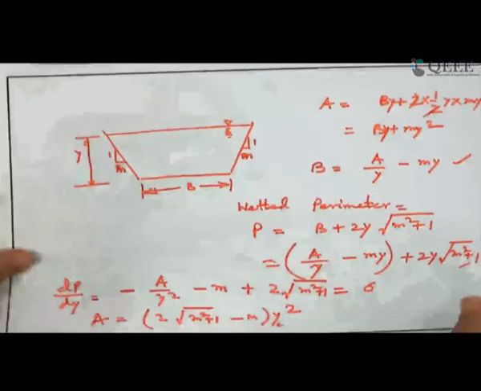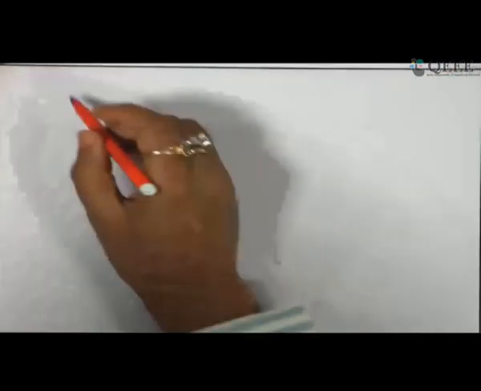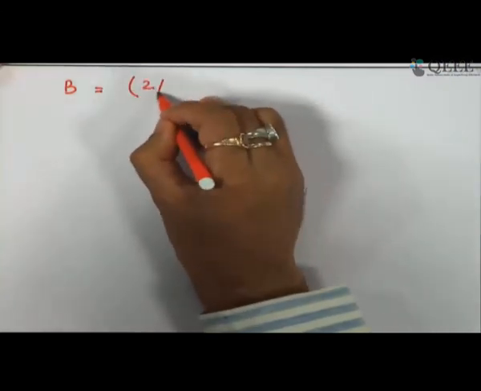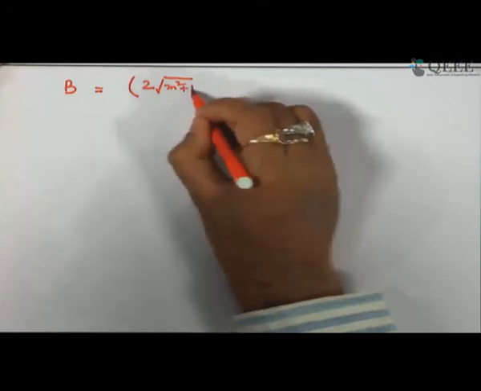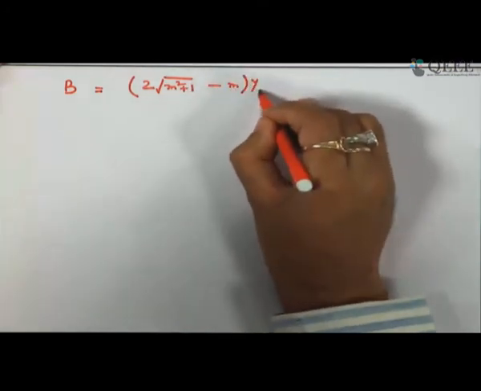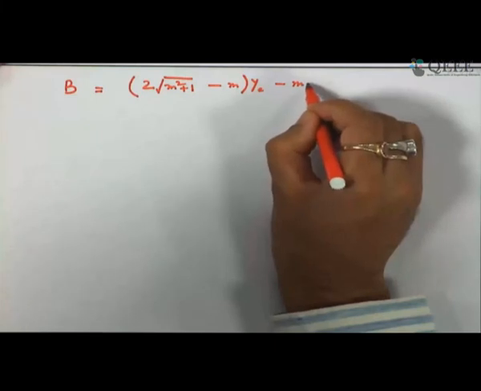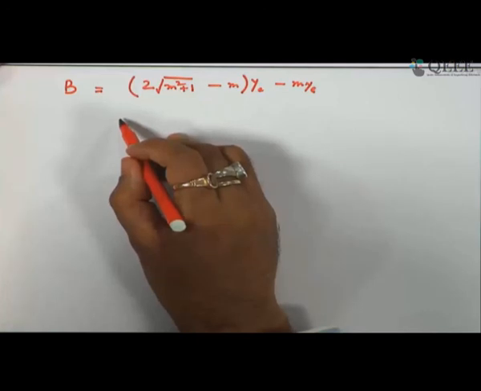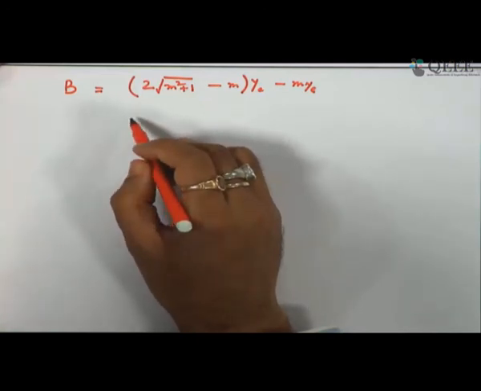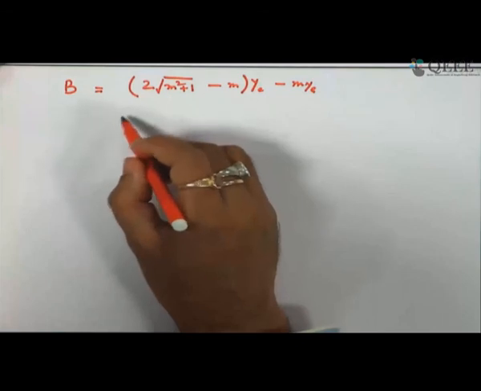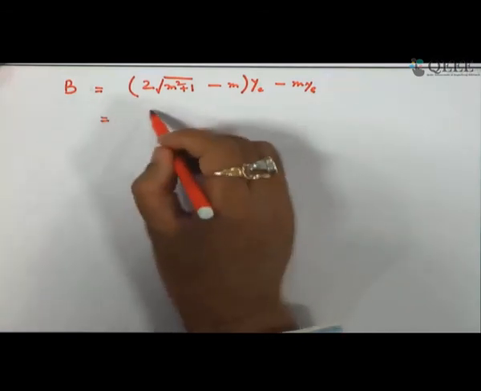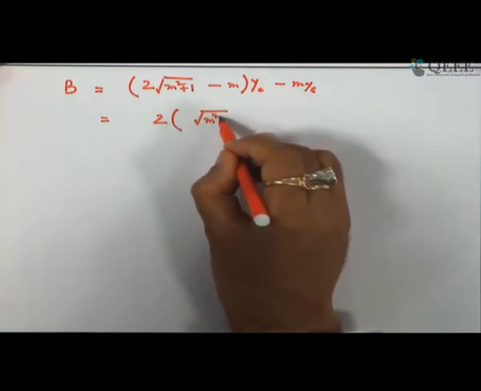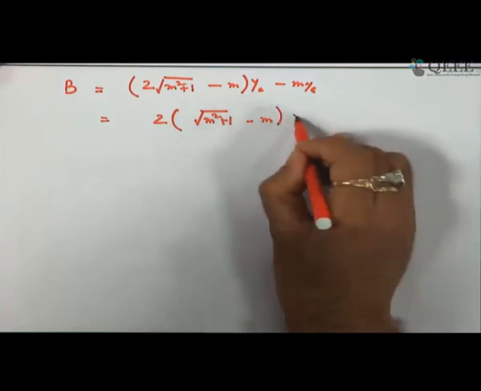So substituting that area, we can get b equal to (2 square root of m squared plus 1 minus m) y e minus m y e, and this one we can write as 2 times (square root of m squared plus 1 minus m) y e.